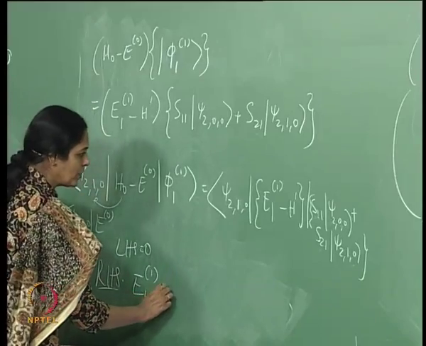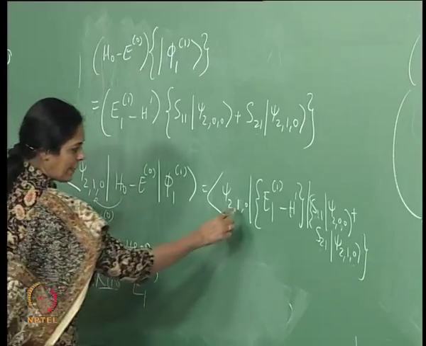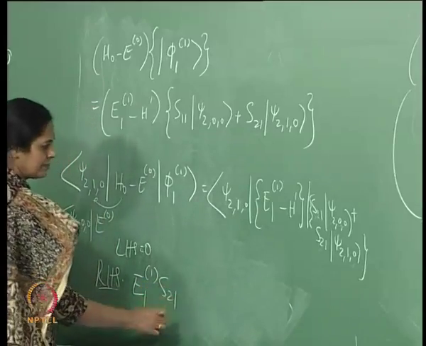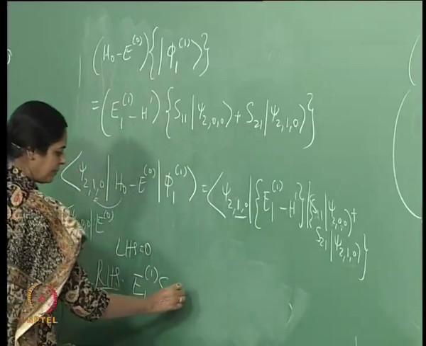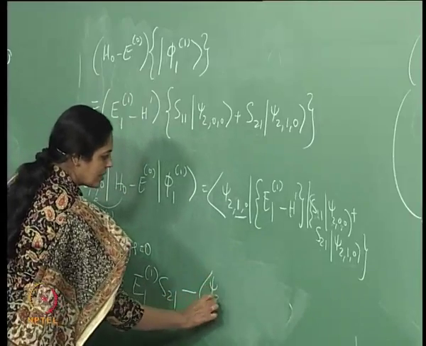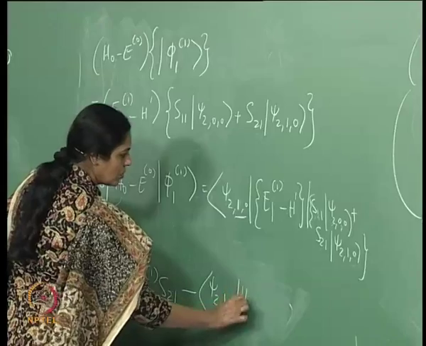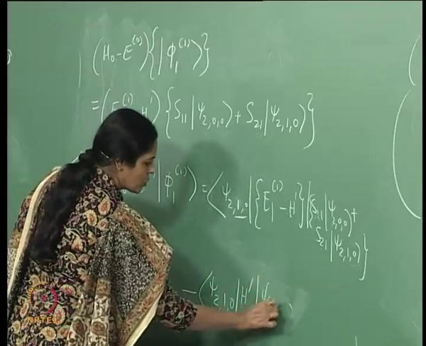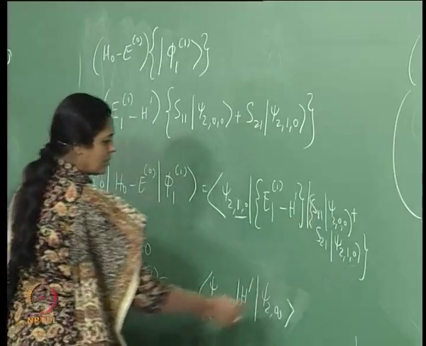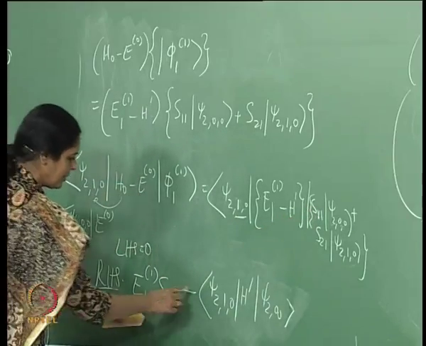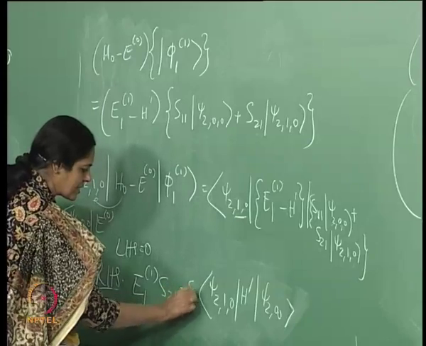Therefore, I have E11 times S21. This state is orthogonal to that state, but not to this, minus psi 210 H prime psi 200, and there is an S11 out there. So, I will write it as minus S11.